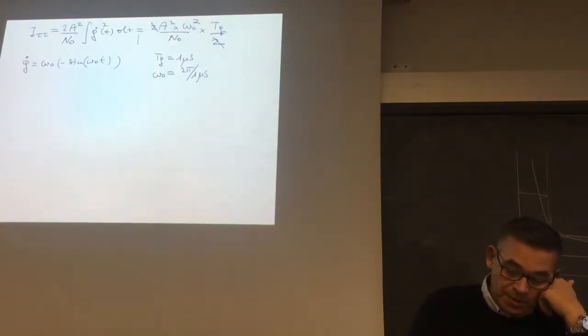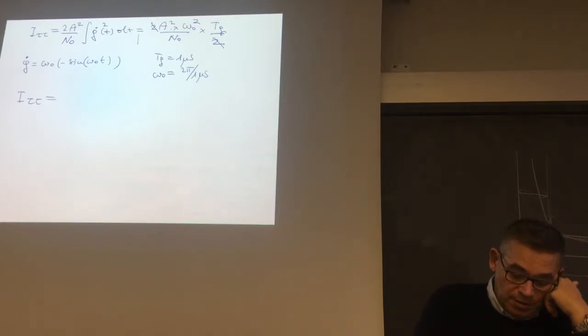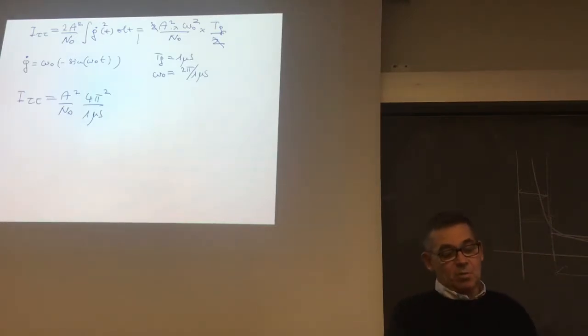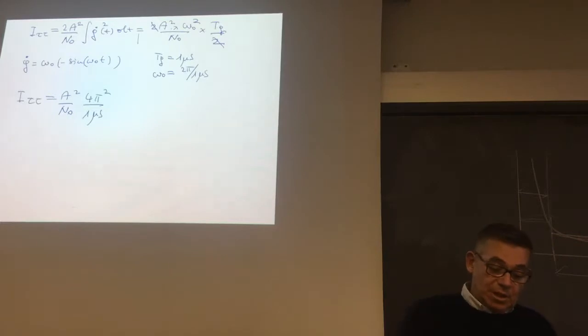Okay. So I tau tau is equal to a squared over n0. Then I have 4 pi squared, then I have 1 microsecond squared multiplied by 1 microsecond. It's 1 microsecond. This is I tau tau.